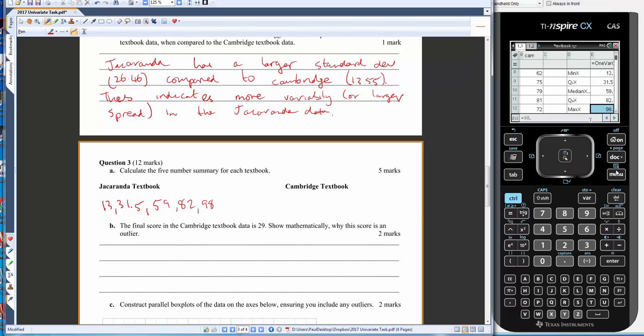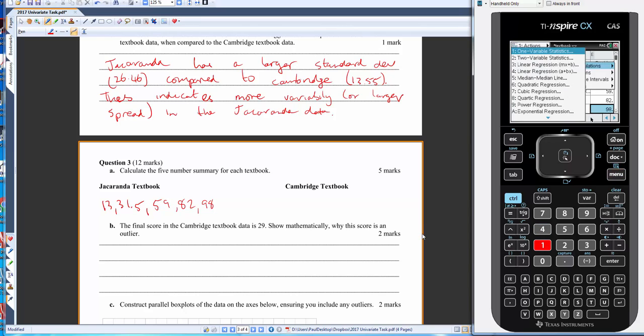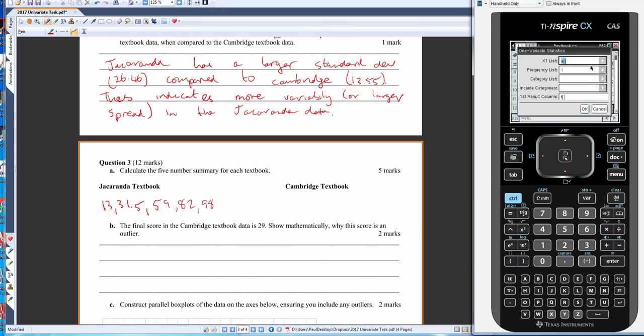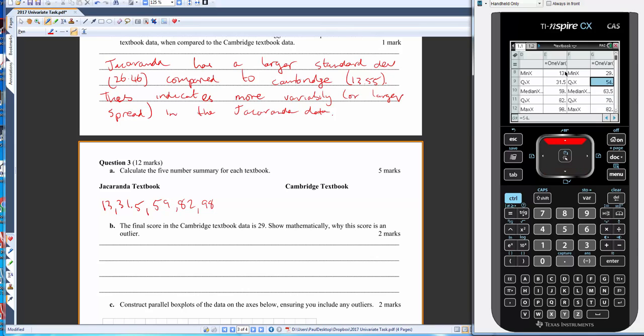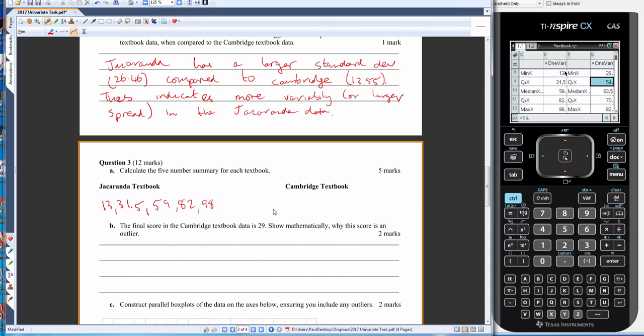So I'm going to go and do menu 411 again, and what we want to do it on is the Cambridge data now. So we've got a min of 29, 54, 63.5, 70 and 82.